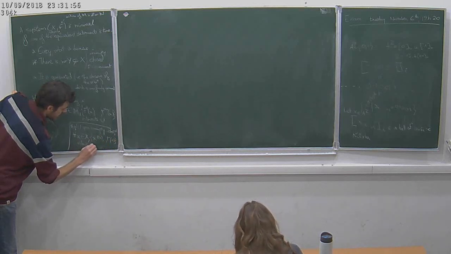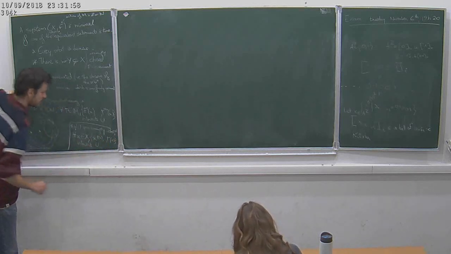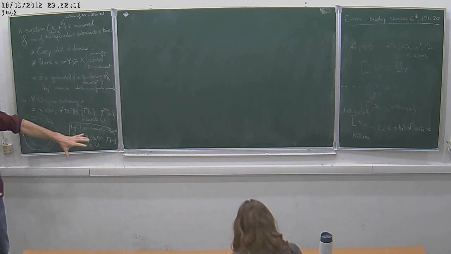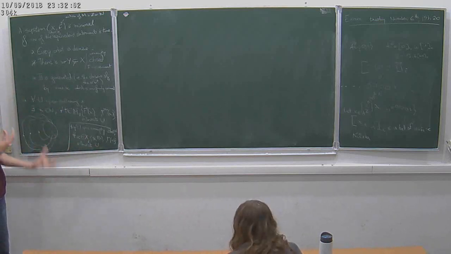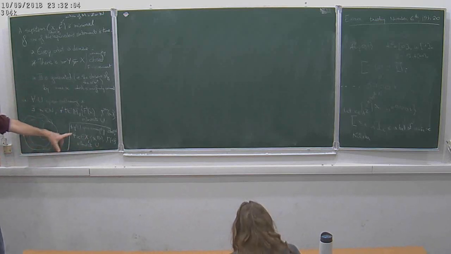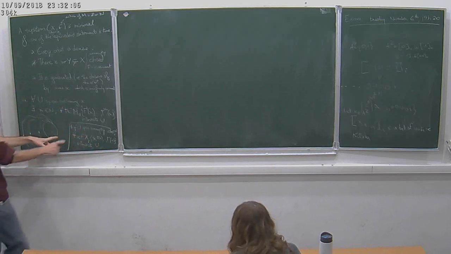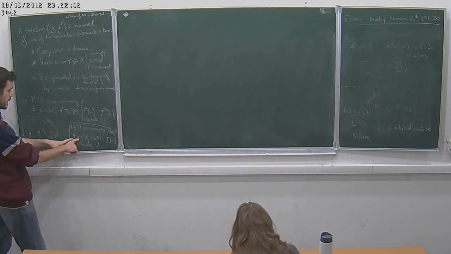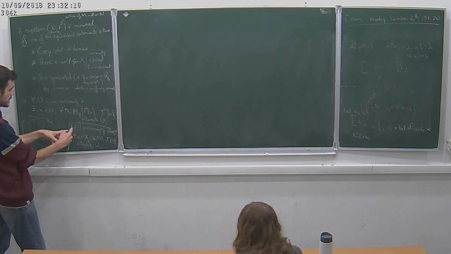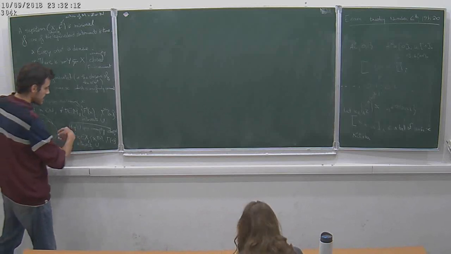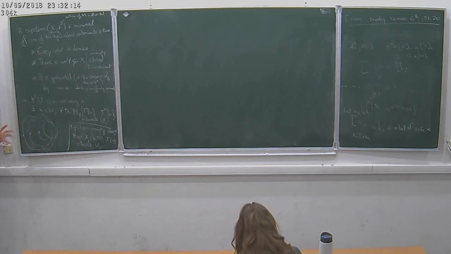so you see, I swapped some quantifiers. It's the same property, but before I had the x first, and I had a specific x. Here I say that for every U, I can find an n which is uniform for every point.